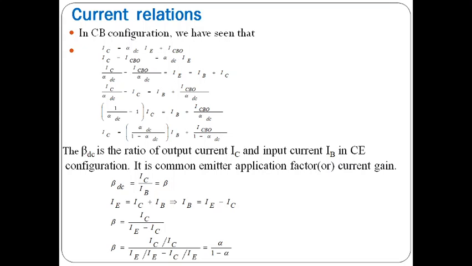We can write IE equals IC plus IB, so IB equals IE minus IC. So now beta equals IC by IE minus IC, and we can write beta equals alpha by 1 minus alpha. Now we can substitute alpha by 1 minus alpha equals beta in the above equation for IC.